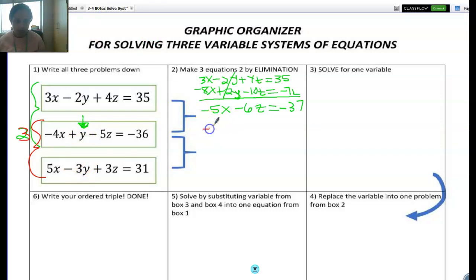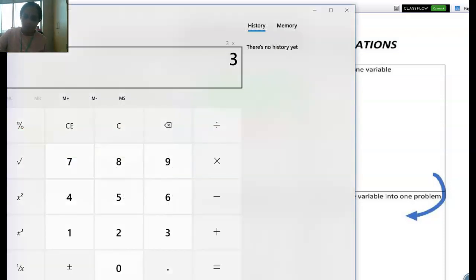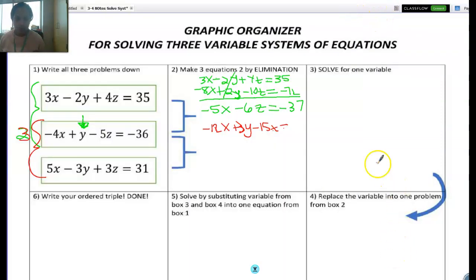I would have negative 12x plus 3y, and I'm very sorry for the technology, minus 15z equals 3 times 36, 108. So equals negative 108.